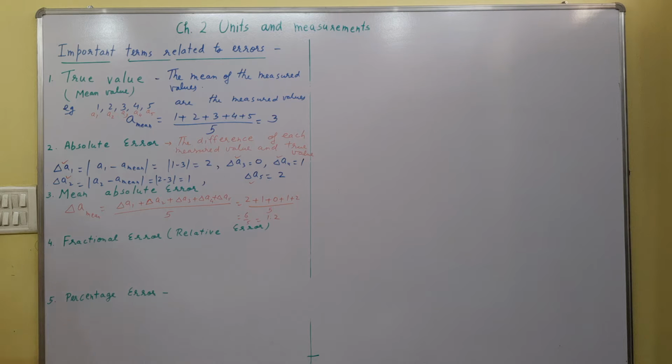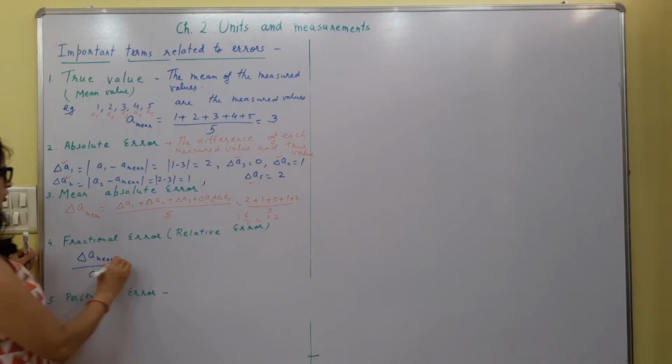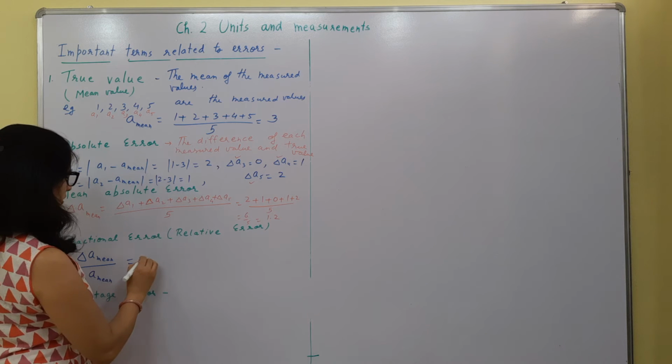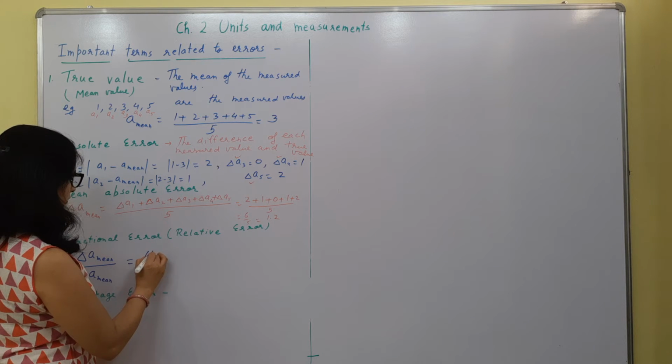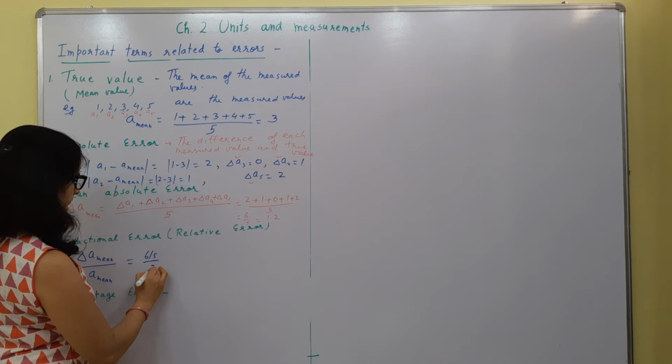Now fractional error, or this is also called relative error, a very important term. Fractional error is the ratio of mean absolute error and A mean. So according to this question, this will be 6 upon 5 upon A mean, which is how much? 3.